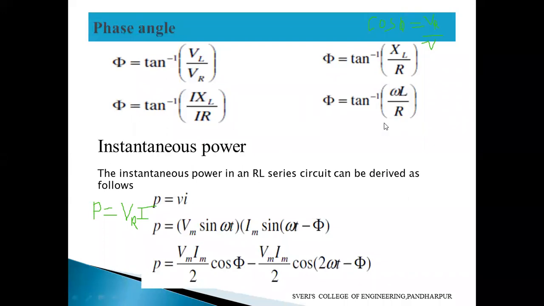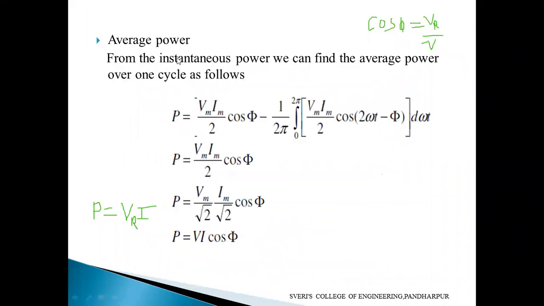Next line, directly take the heading: average power.